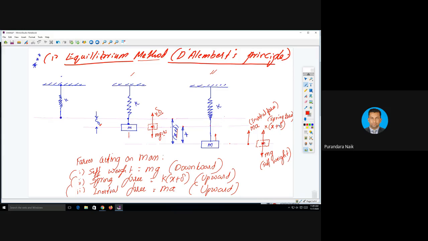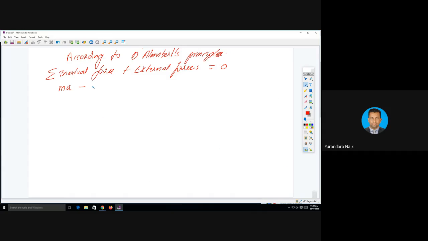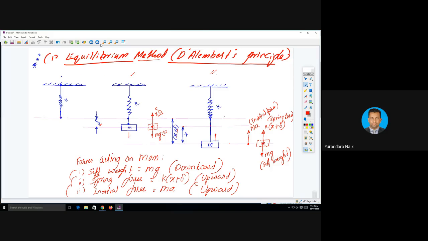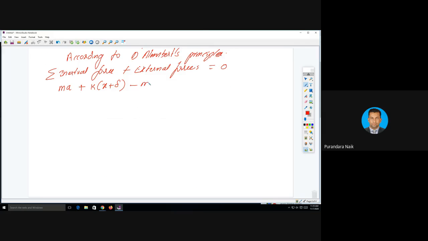Spring force is upward, that is plus k into (x plus delta). Next, downward, mg, minus m into g, is equal to 0. Only three forces.